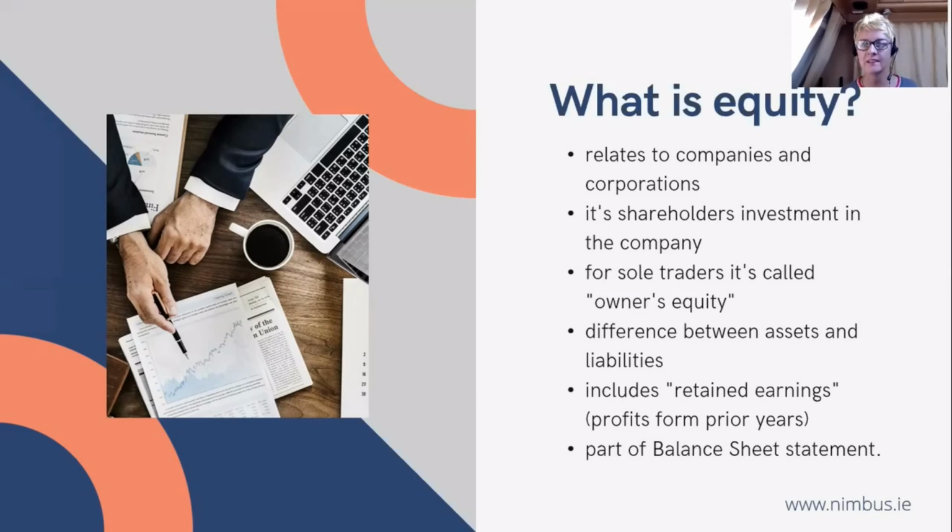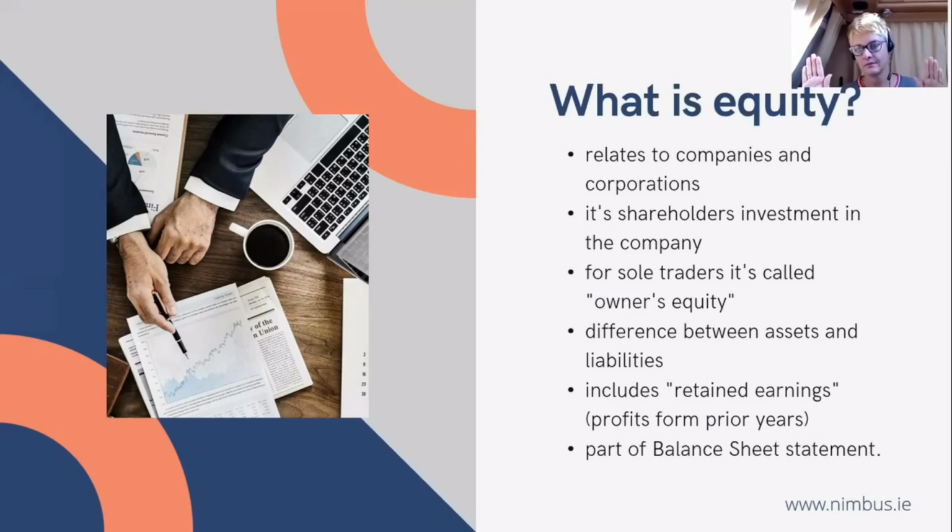There are some specific cases where it can be treated differently, but I will not go into that during this basic session. In other words, we can also call equity the difference between assets and liabilities. Remember the fundamental accounting equation: assets have to equal liabilities plus equity.